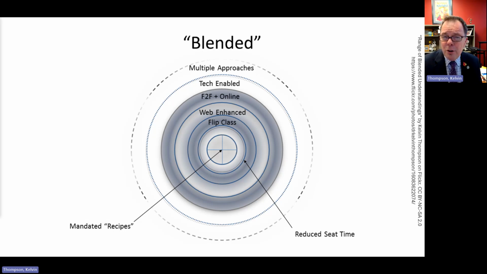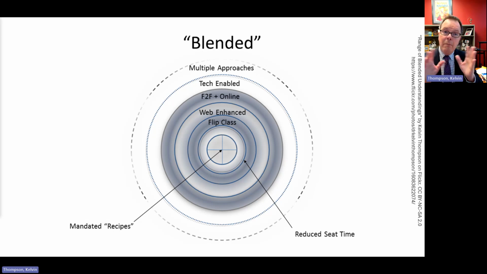The first major speed bump on the road is the idea of reducing the number of class meetings relative to a comparable in-person class section. For instance, if a comparable in-person class section was going to meet 3 days a week, a blended learning course section might meet in person 2 days a week, or it might meet in person only 1 day a week.